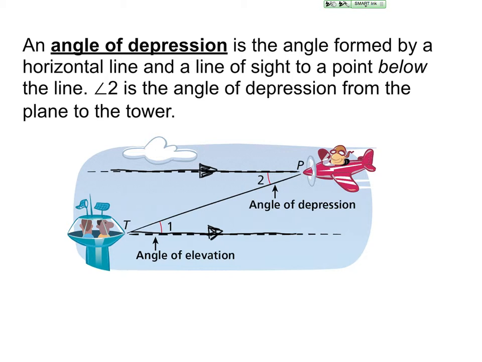So in a story, if we're trying to find how far up the plane is flying, like if we're trying to find this height, but it's not talking about the angle of elevation that's in my picture's triangle, if it's talking about the angle of depression, I can use my alternate interior angle relationship and bring the information down into my right triangle. So there's just a simple relationship between them. So angle of depression, angle of elevation.